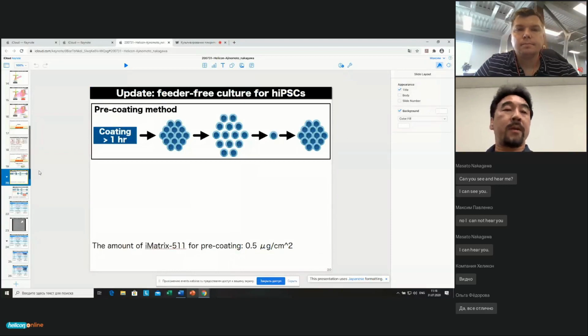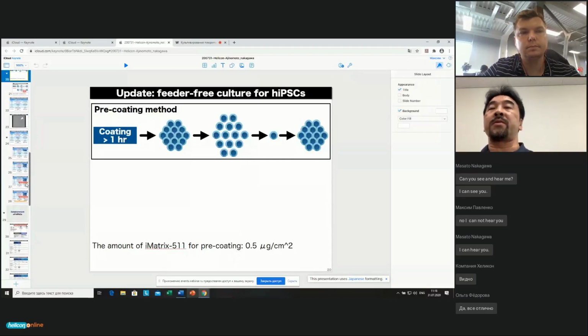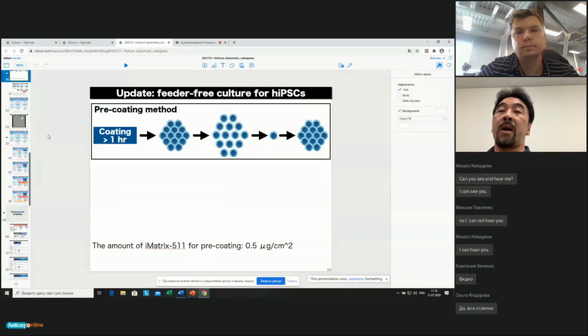This slide shows the first method of iMatrix coating in the feeder-free culture system. At first, we need to coat the cell culture dish with iMatrix for over 1 hour before cell passage procedures.